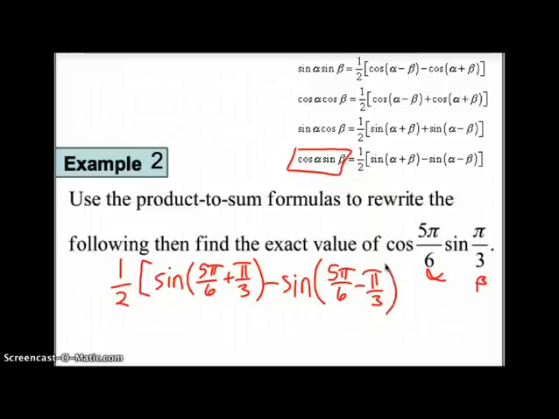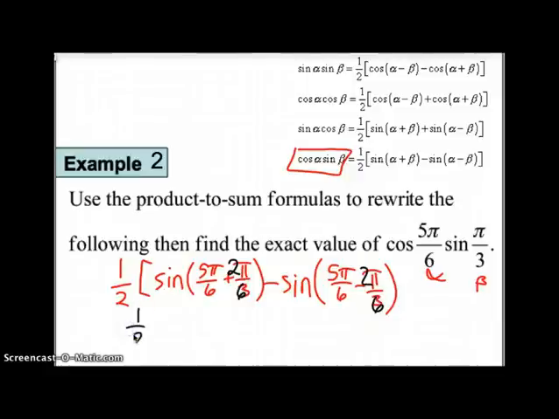Okay, so it looks like I need to work with some fractions here and change some things to common denominators. So pi over 3 can be written as 2 pi over 6. So I'm going to change that in both spots here so that I can do the math and simplify the expression.